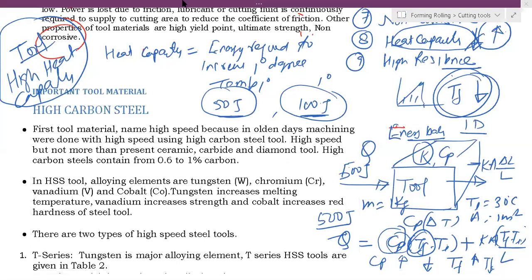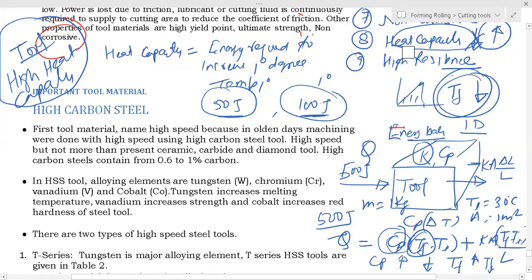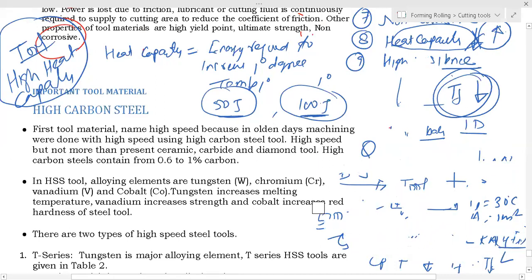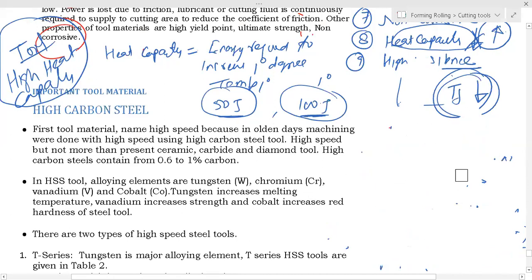Once more. Ankit Kumar, you have my WhatsApp number. You send me a message. I will send you notes now. You keep notes with you.